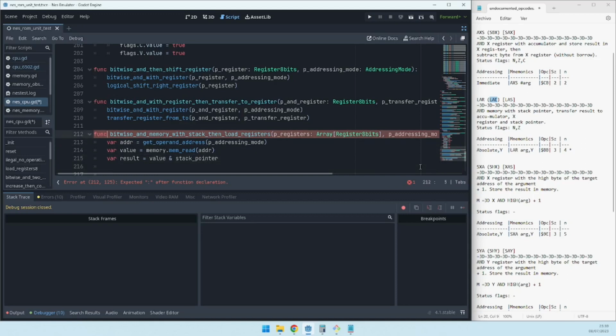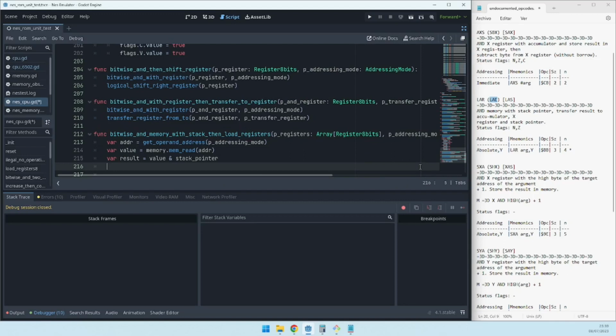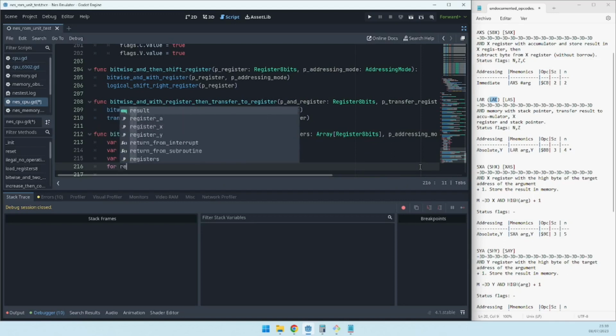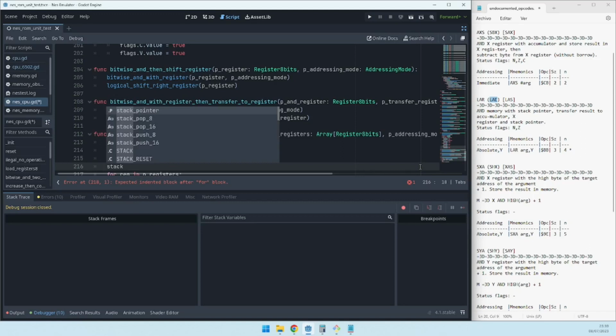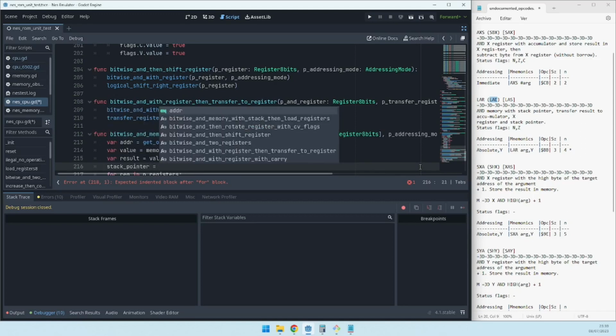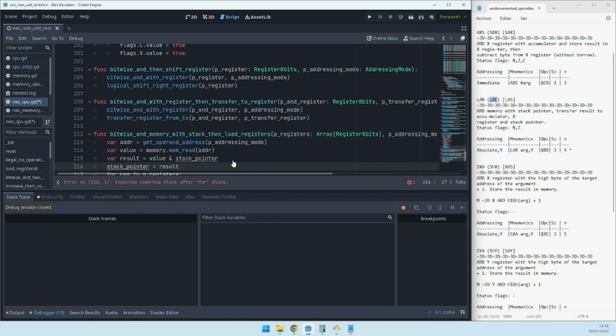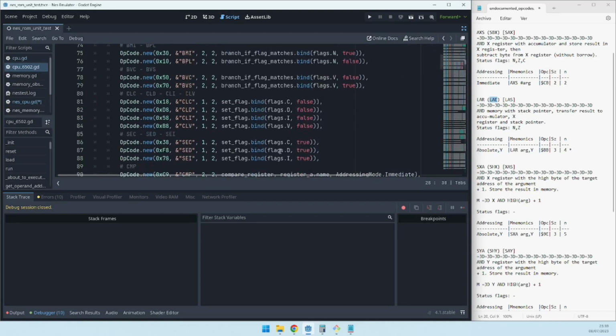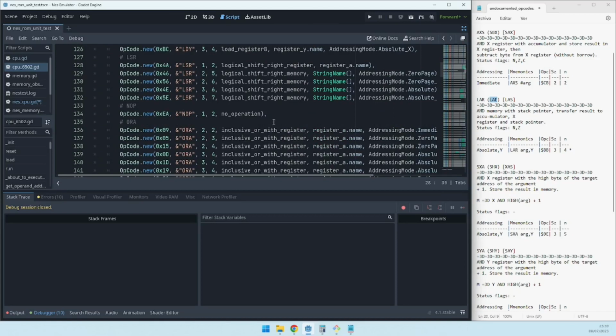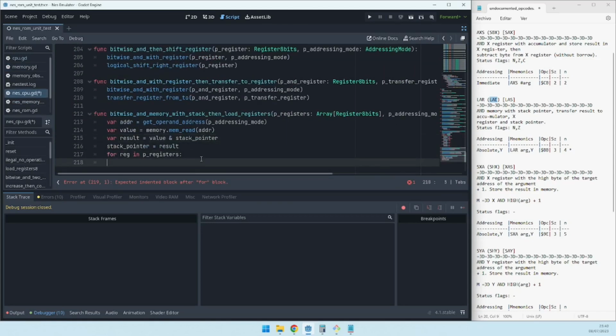Why is this? Oh, it's missing the colon. For reg in P registers, so we also want to do stack pointer equals result. Stack pointer is just an integer, right? Yes. reg.value equals result.